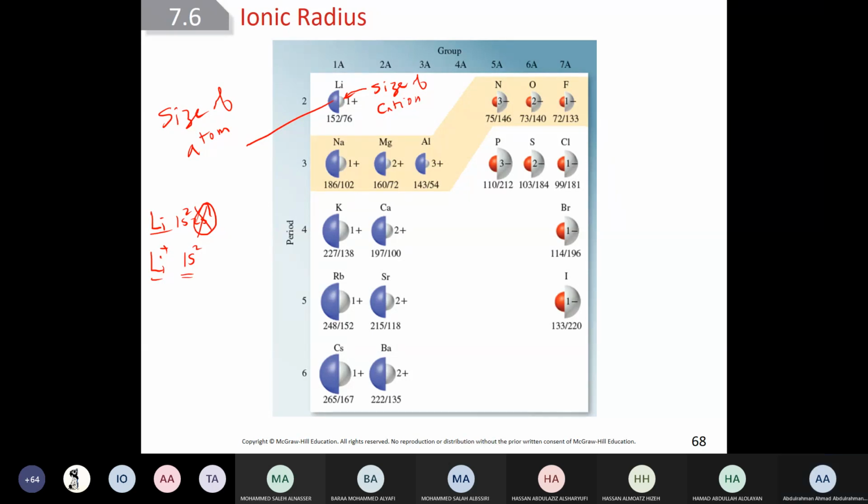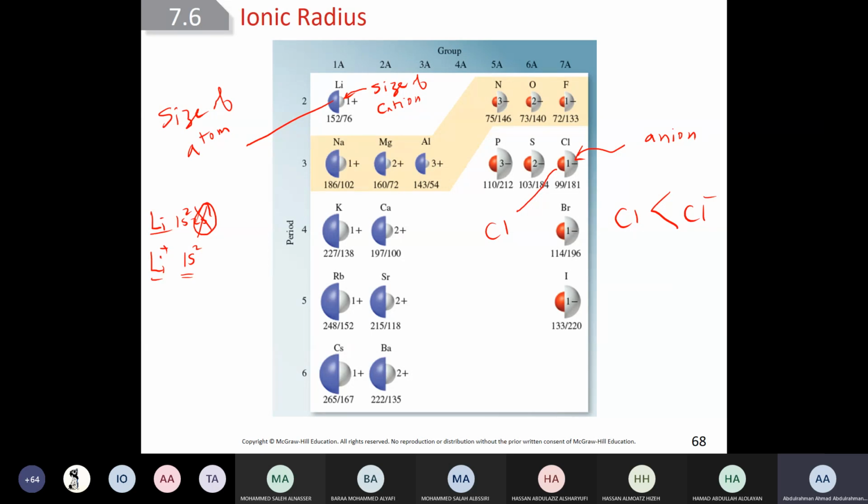Okay, how about this is the size of the chlorine atom, and this is the size of Cl minus, the anion. Which one is bigger, Cl or Cl minus? Cl minus. Why is Cl minus bigger than Cl? Because you added electrons, and the electrons repel each other, and that's why it becomes bigger.